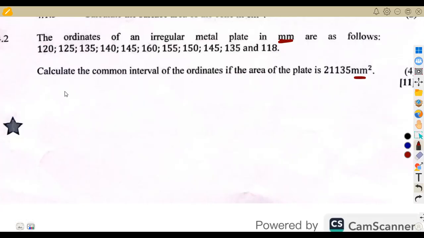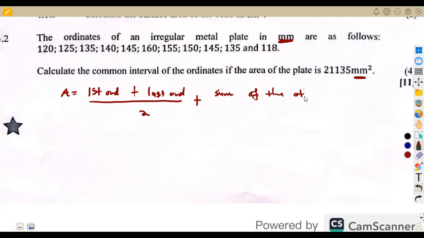Remember how we obtained area. We said area is obtained if you add the first ordinate to the last ordinate, over 2, plus the sum of the other ordinates, which is the remaining ordinates in this case.